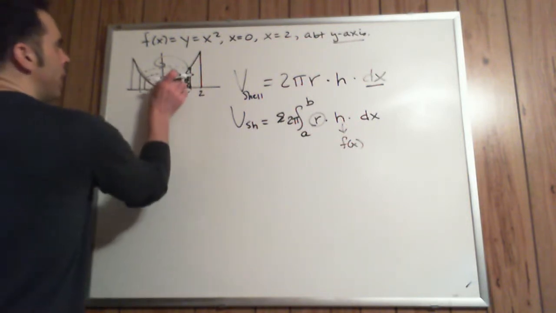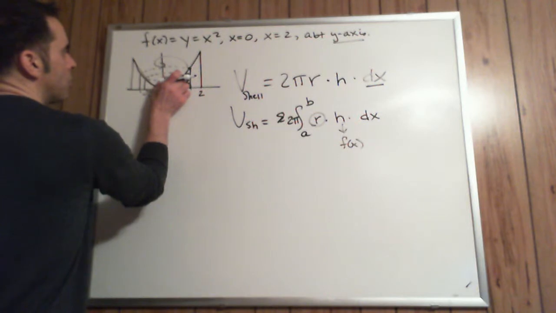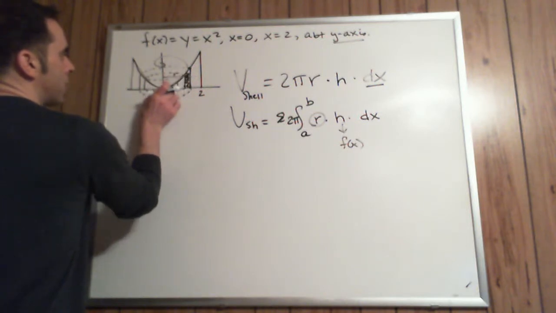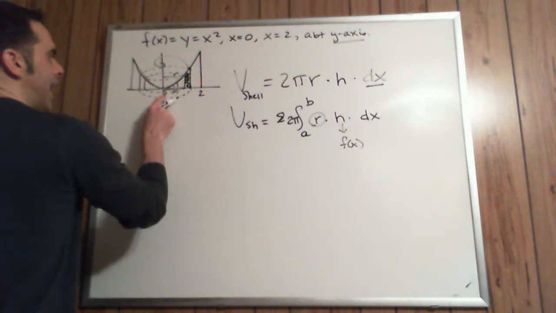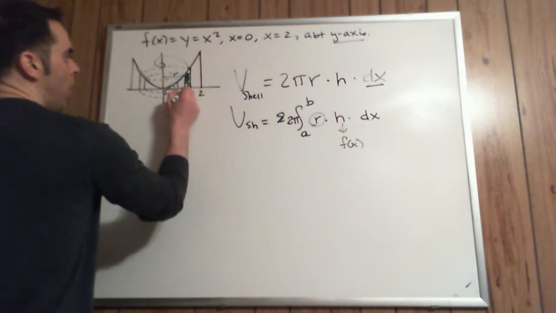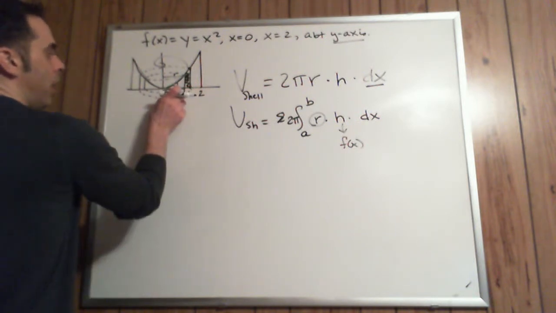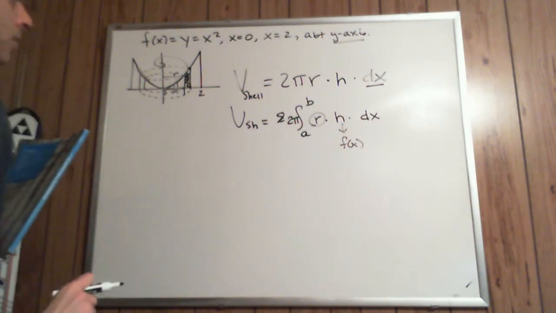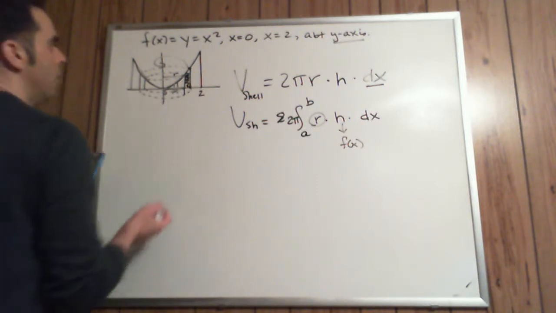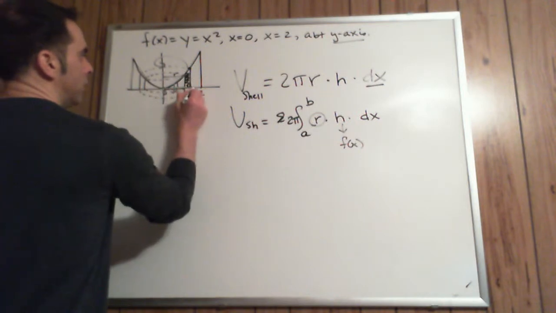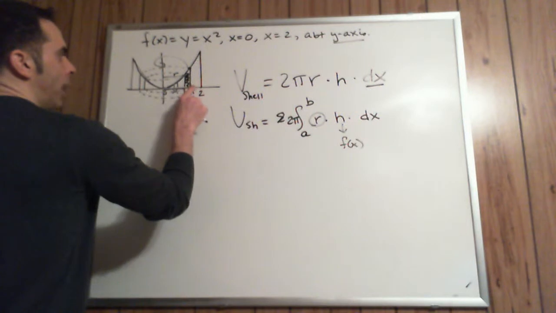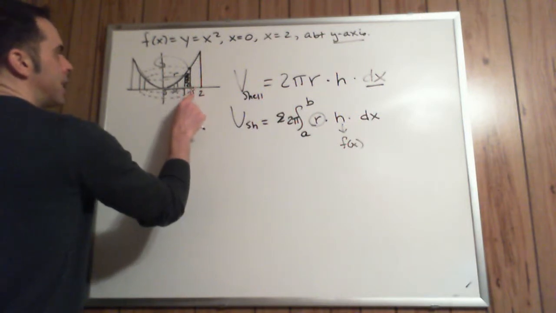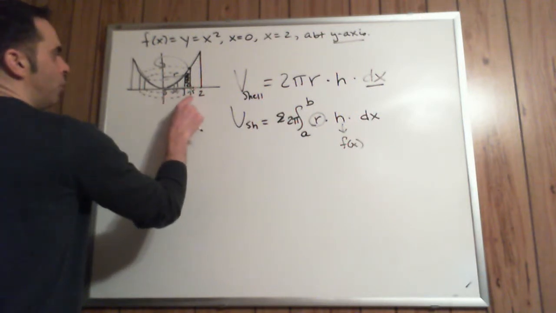Notice that the radius of the cylinder corresponds to the distance from the axis of rotation. Since the axis of rotation is the y-axis, if we're over here at 1, then the radius is 1. The distance to the axis of rotation is 1. Suppose at any x in this interval, suppose this is 1.5 right here. Then the radius of that cylinder is 1.5, and the distance to the axis of rotation is 1.5.